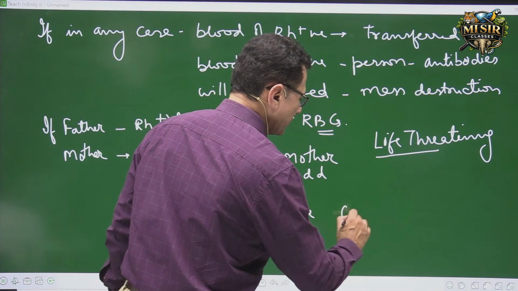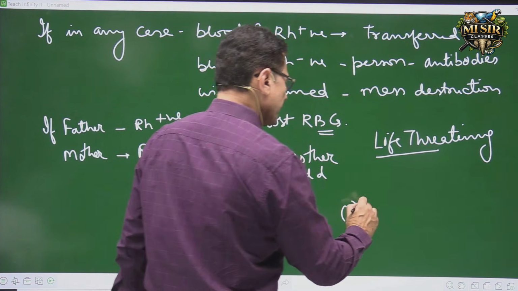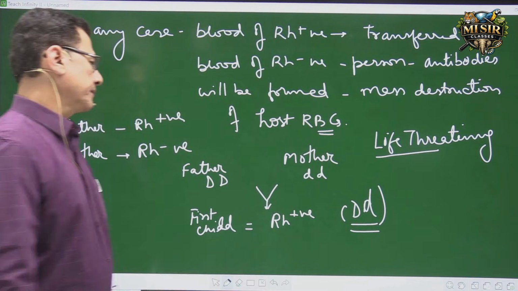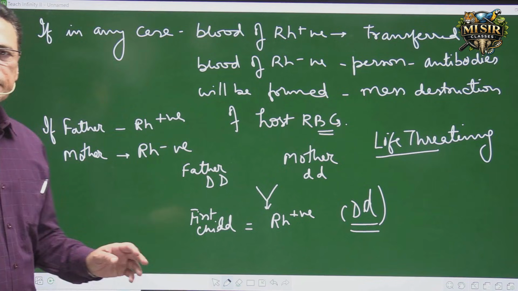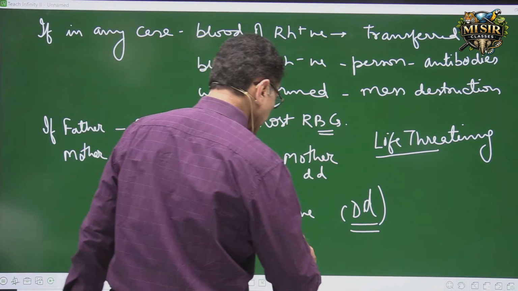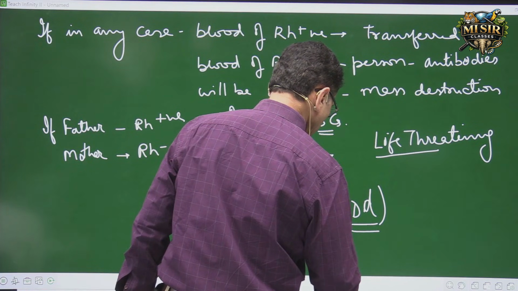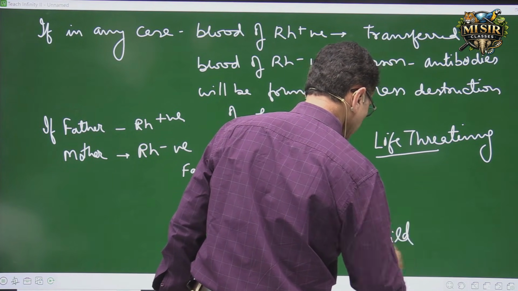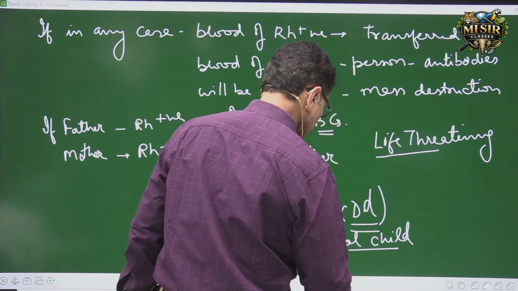It is due to having genotype of capital D small d, heterozygous condition. But this child will be born without any defect. It is an absolutely normal child without complication.